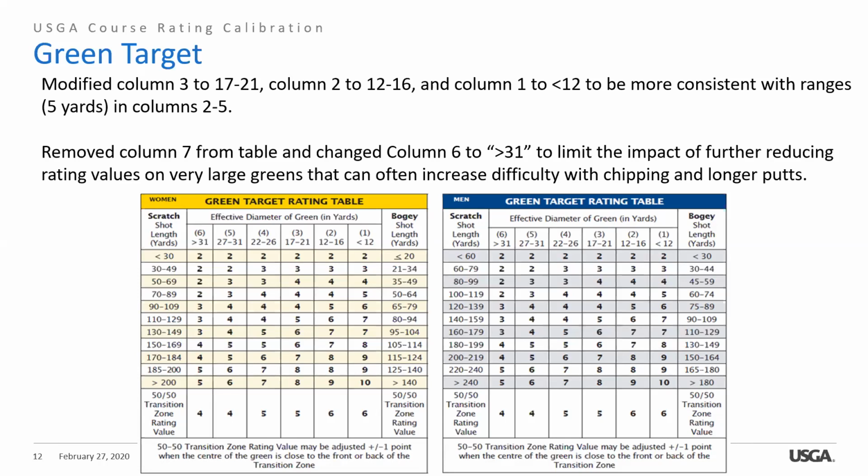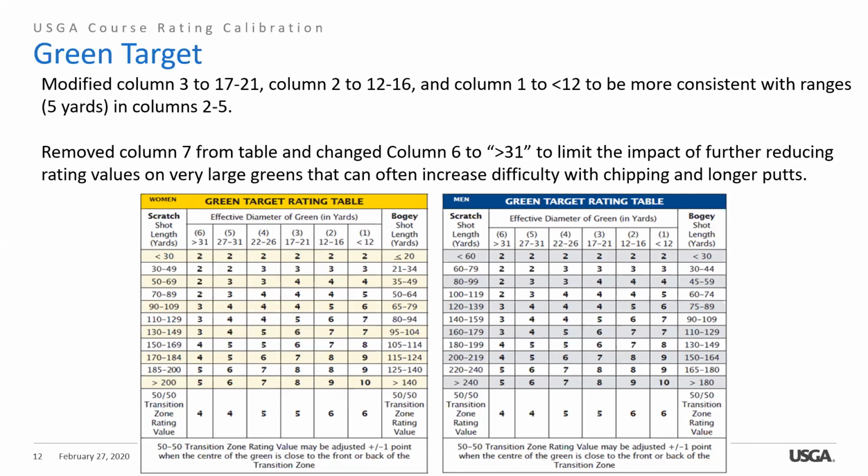The reason is that the 7th column was the lowest number, but in a lot of cases when you had larger greens, that made for more difficult putts and chip shots, and wasn't necessarily indicative of the low number it was getting. So now we got rid of that and it's bumped up to 6-1, which should result in a little more accurate numbers for some of these courses.